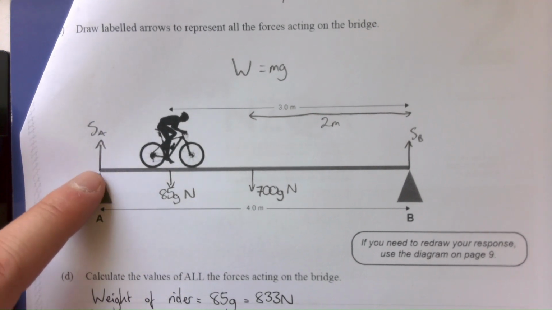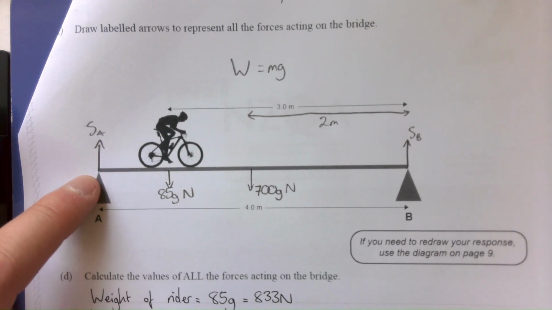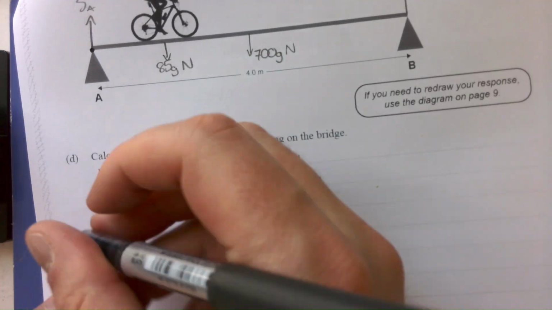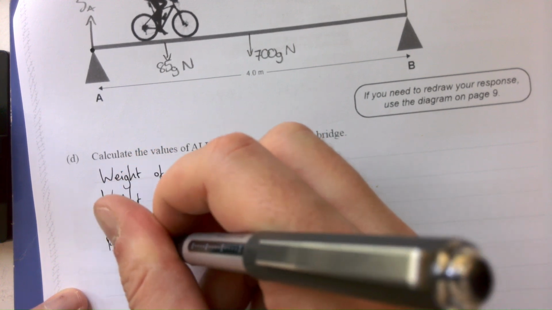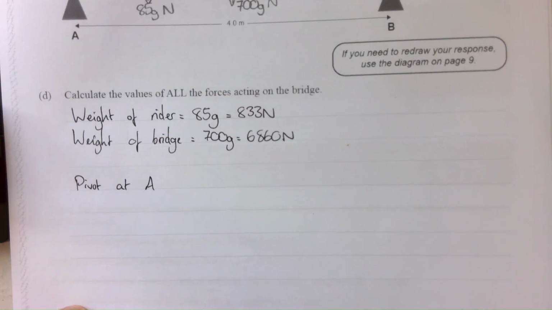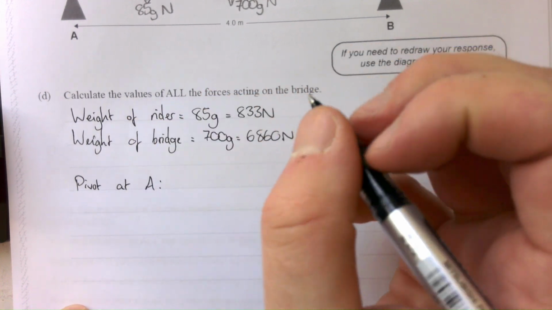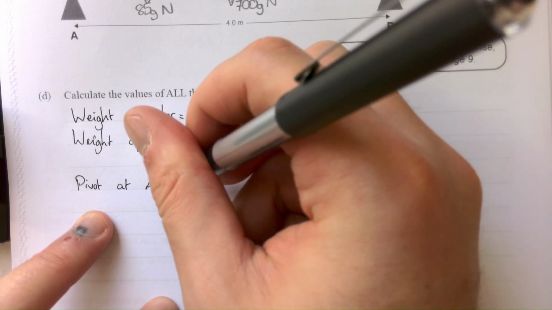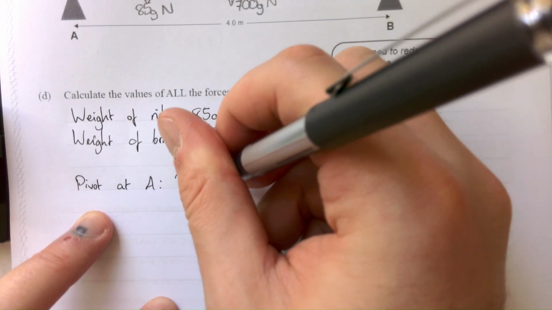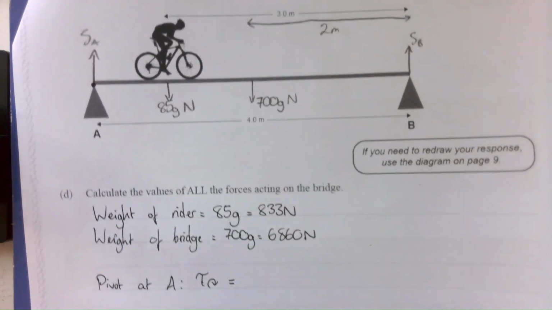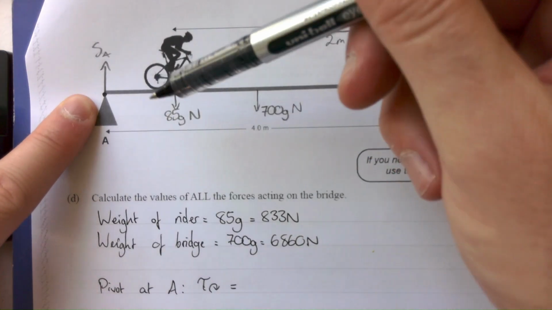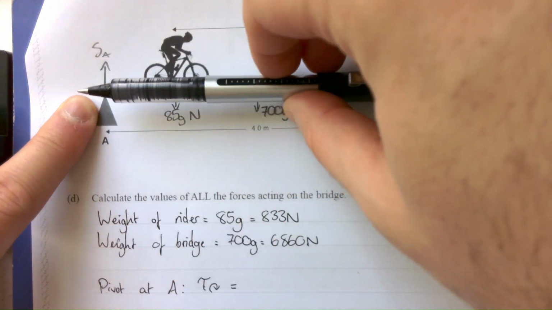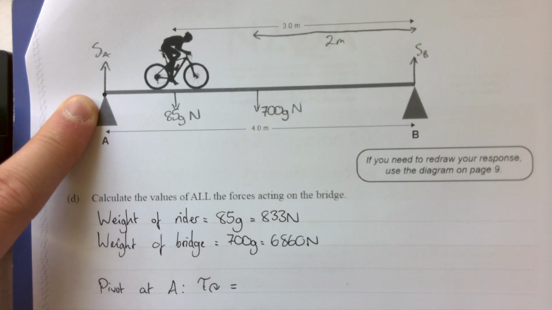I'm going to choose my pivot point as being at end A. So I'm going to say pivot at A, just to let the examiner know what I'm trying to do. If the pivot is at point A, I'm going to work out all the torques acting clockwise. And if this is my pivot point here, any force that is turning my bridge in a clockwise manner like that is going to be included here.